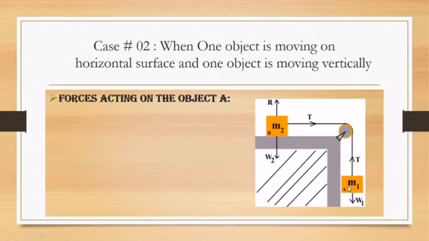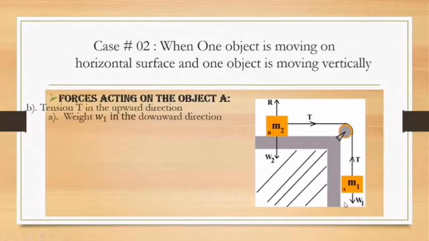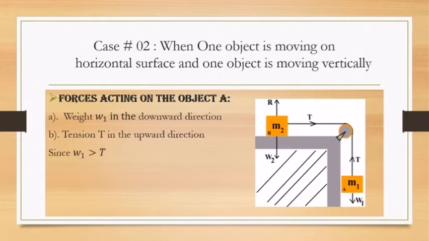And now we are going to calculate the forces acting on the body A. Since the weight of this mass A is acting in the downward direction, and due to its weight a tension T is produced in the string. Since the weight is in the downward direction and tension T is opposite to the weight in the upward direction, and the weight of body A is greater than the tension, that's why the net force on A is m1g minus T. That is weight minus T, because weight is greater than the tension.